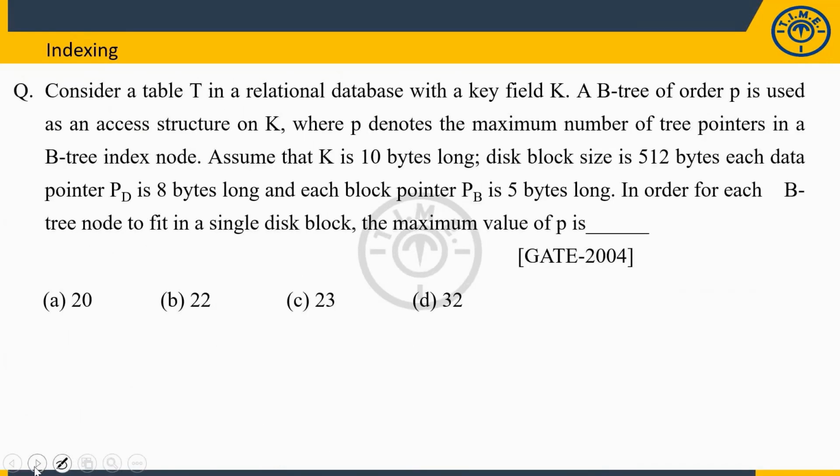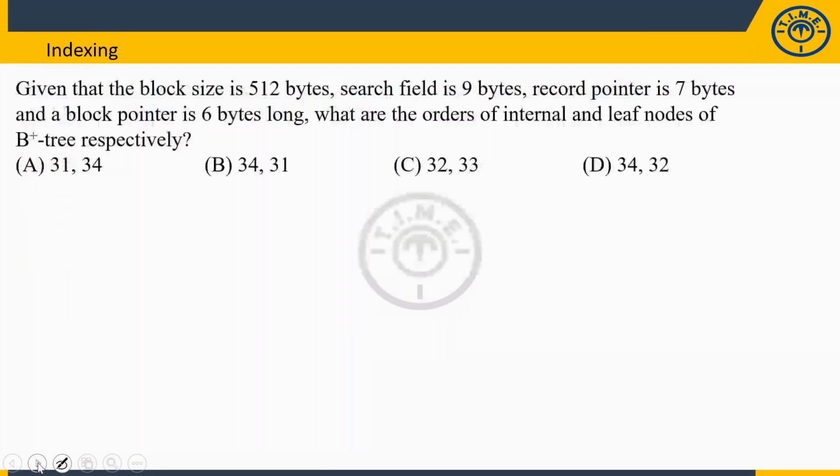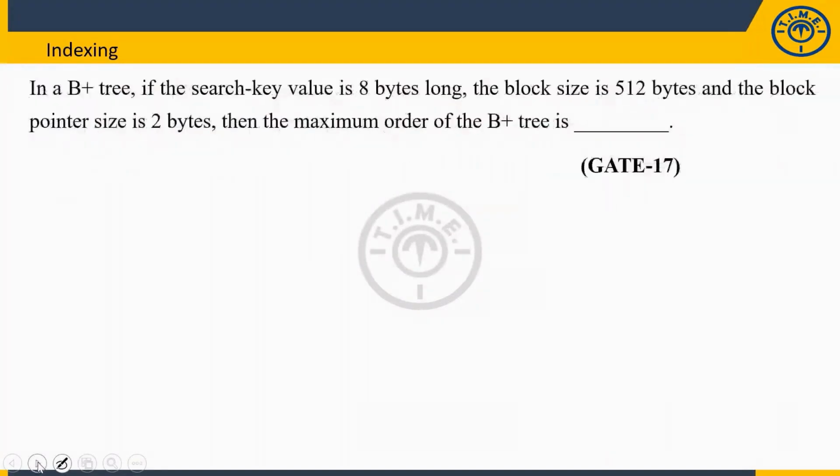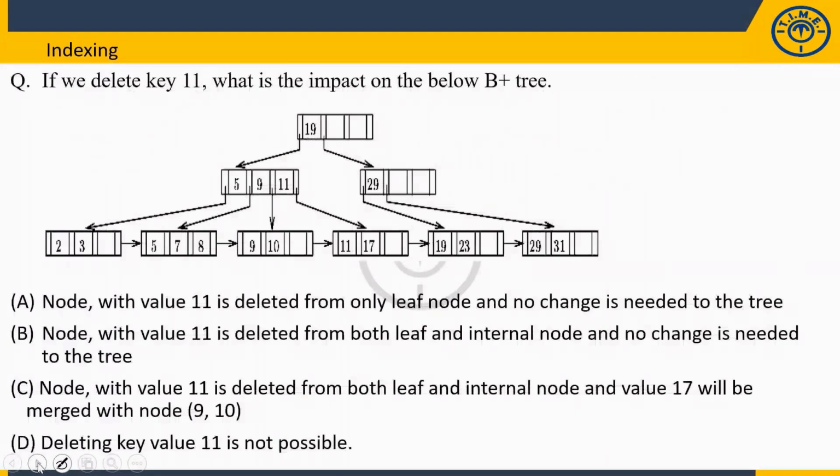And one more: majority of the times questions are asked on the order of B tree and B plus tree. And one more important thing is insertion and deletion on B plus tree; questions were asked on that also.